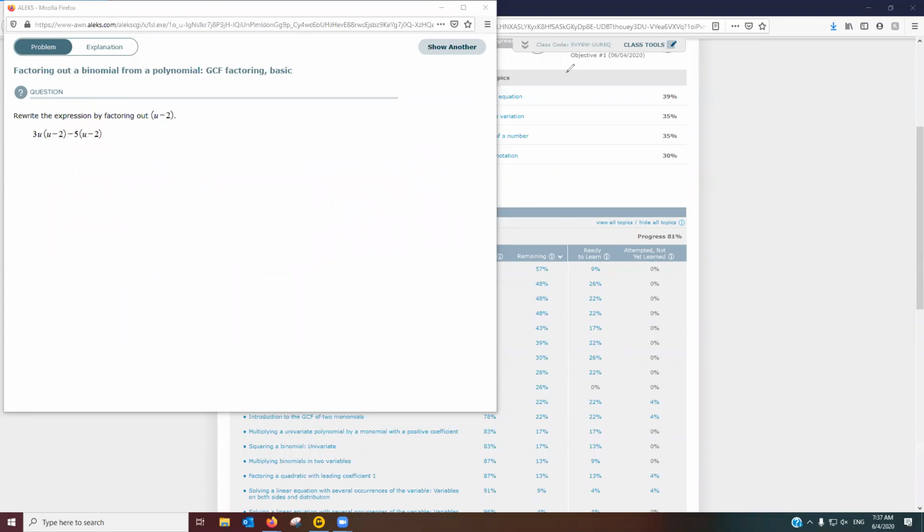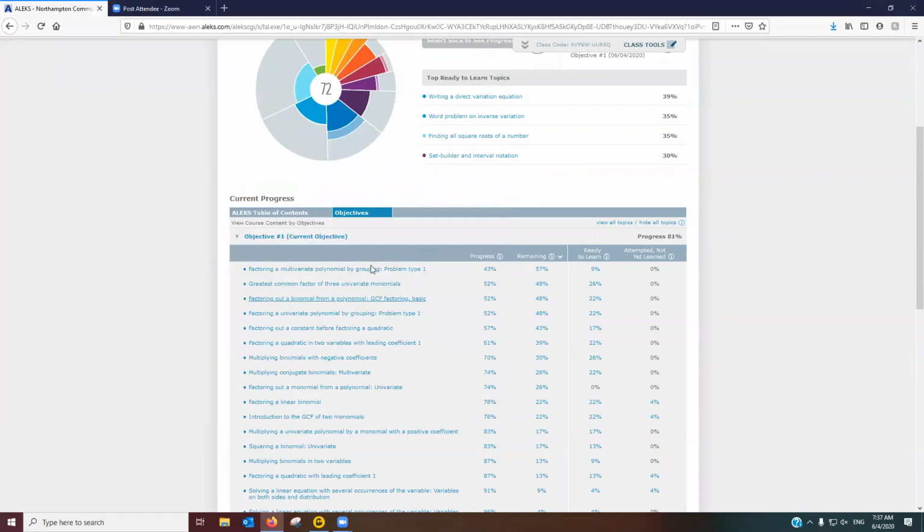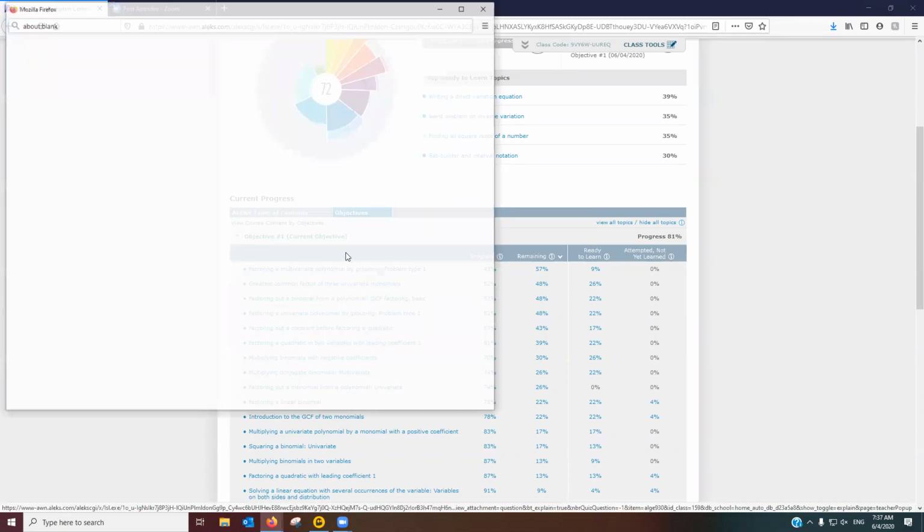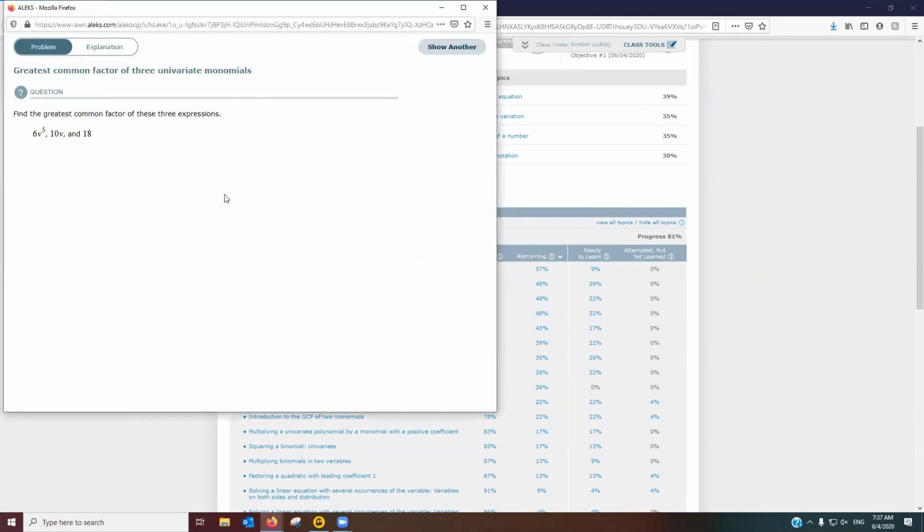All right, I'm going to go to a couple more. How about if we look here at something called greatest common factor? All right, so they're asking us here to find the greatest common factor for these three expressions.